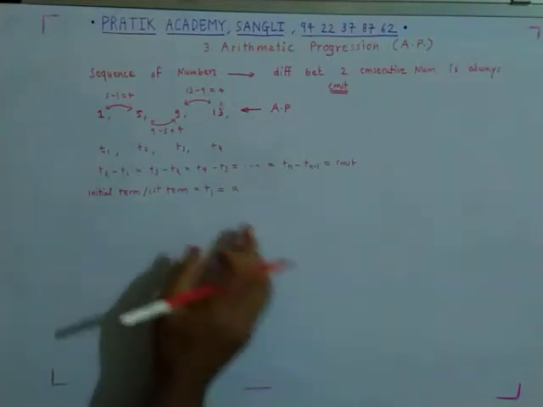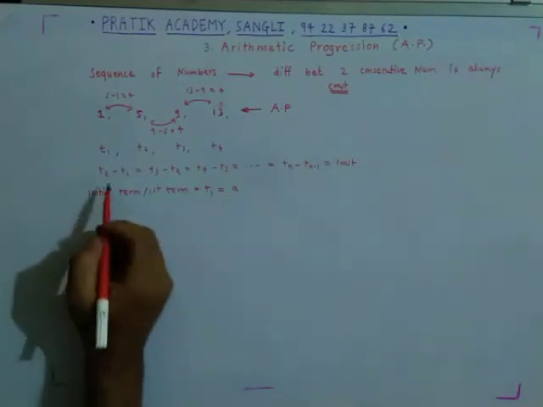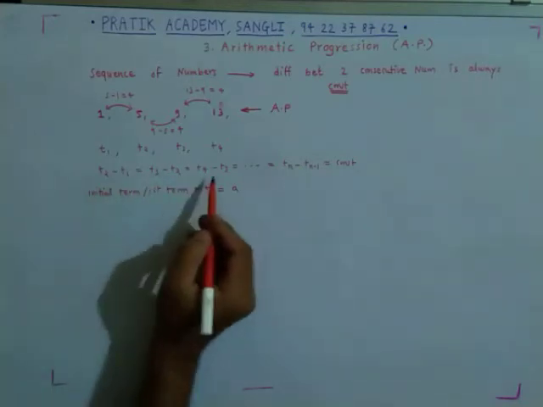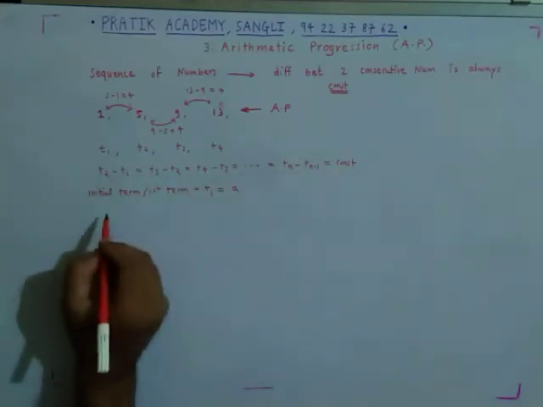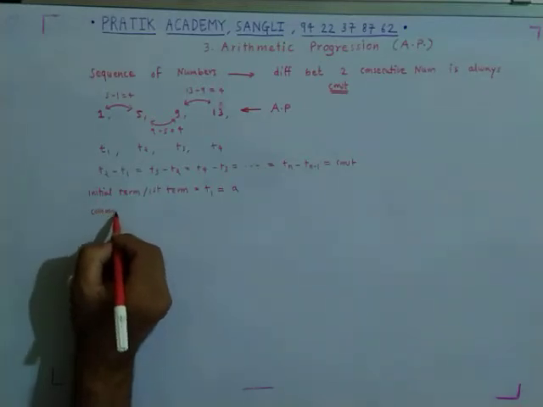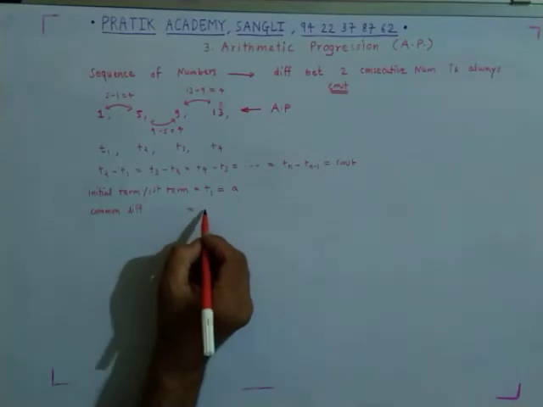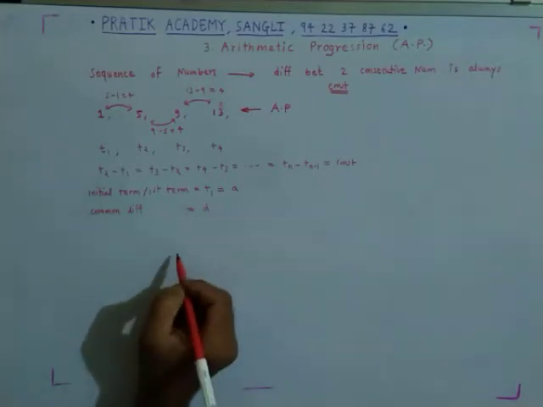If numbers are in AP, the initial term is denoted by letter A. Then we observed that the difference between two numbers is constant, so this difference is called the common difference, and it is denoted by the letter D.